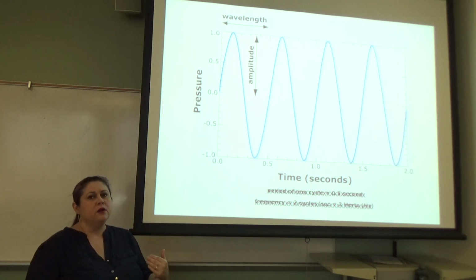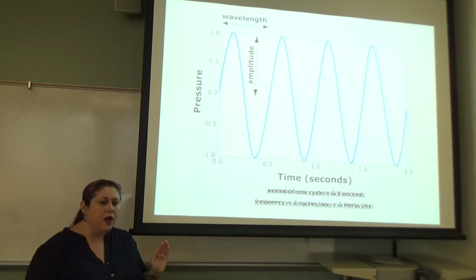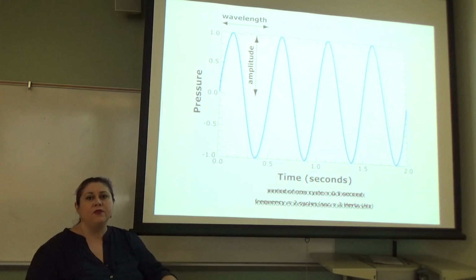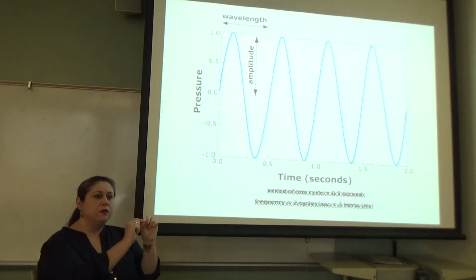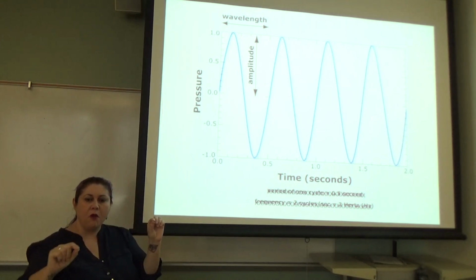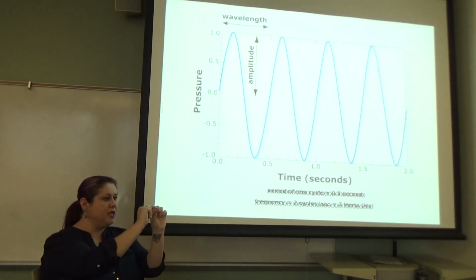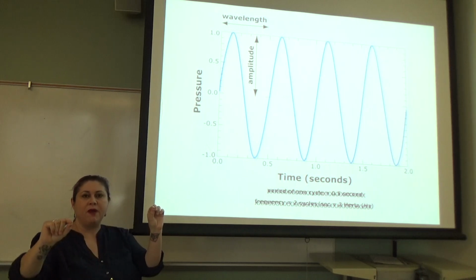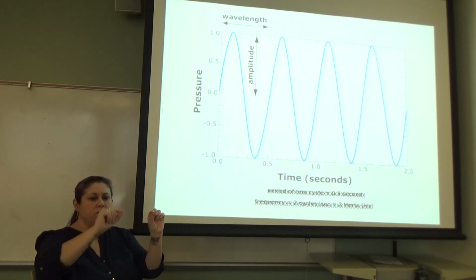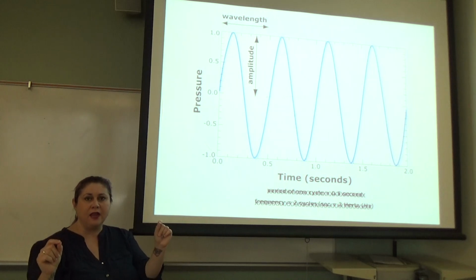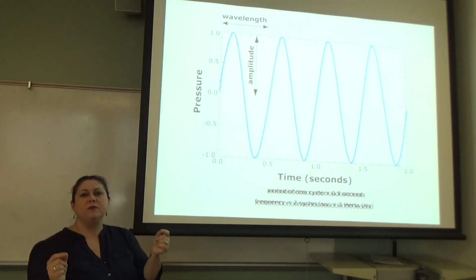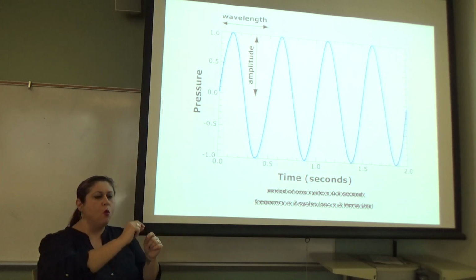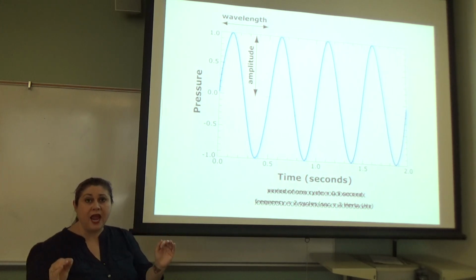Well, 1 hertz is 1 wave cycle in the air per second. So if you had 1 air molecule wave cycle from the beginning to the top to the bottom and then back to the middle, that 1 full wave, if it took 1 second for that wave to make a full wave, that would be 1 hertz. So 1 wave cycle per second is 1 hertz.